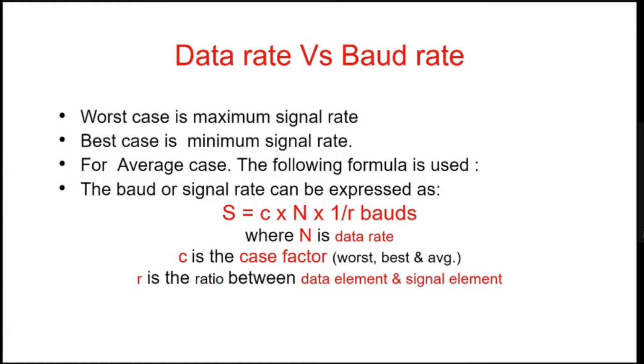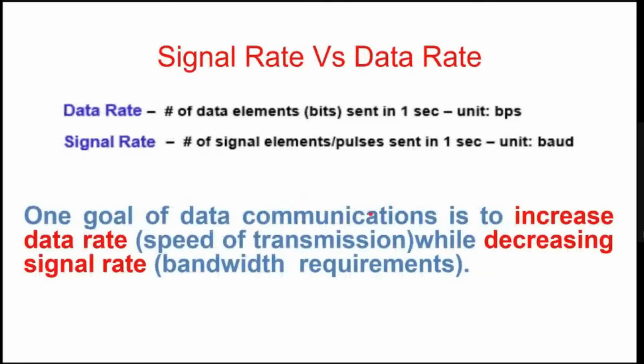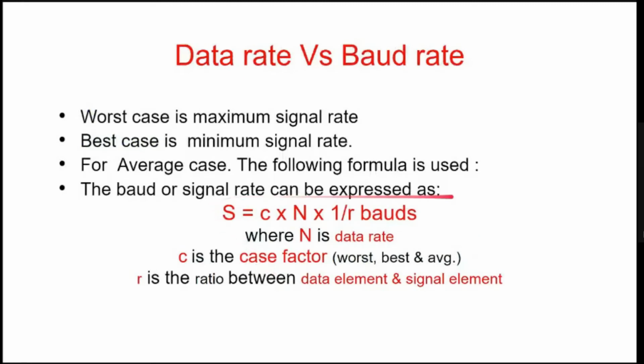For the average case, the formula used here is S = C × N × 1/R. As I already told, in data communication the data rate is increasing, that is the speed of transmission increasing, while the signal rate is decreasing. So we calculate by this formula, S = C × N × 1/R.